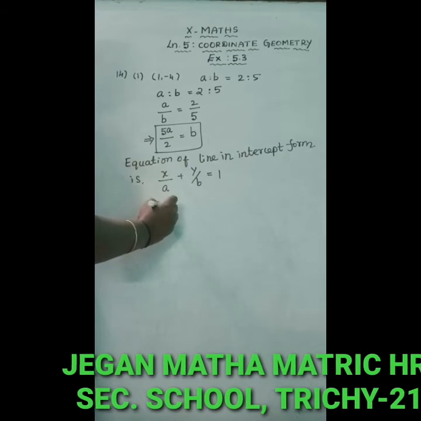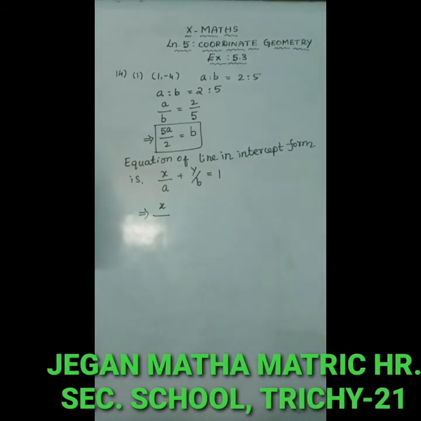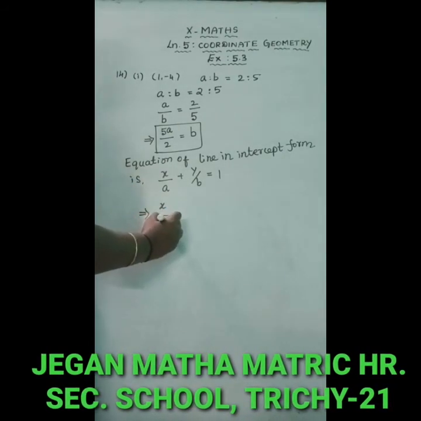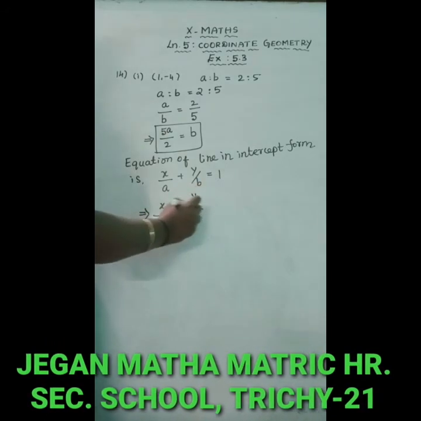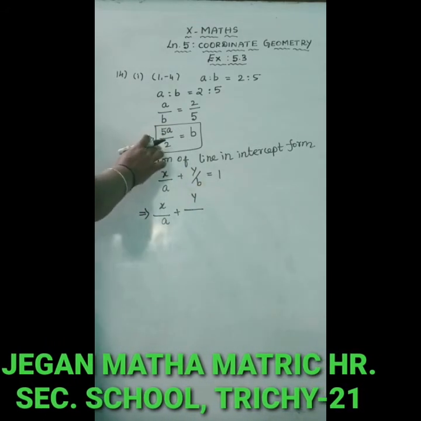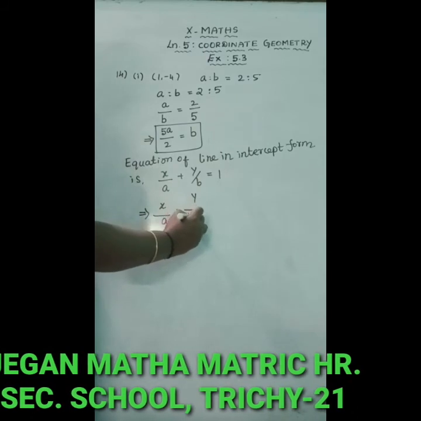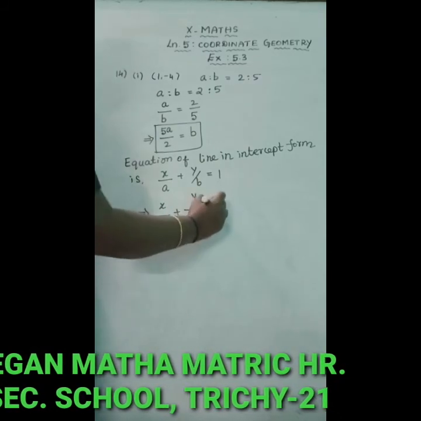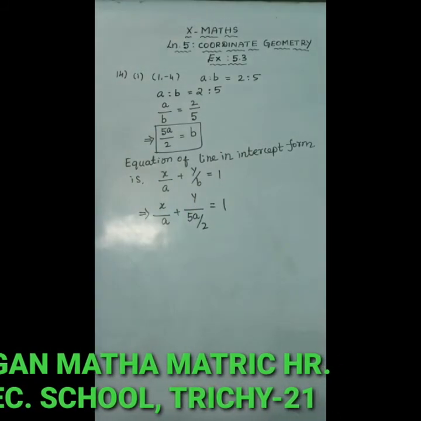So here, x divided by a plus y divided by b, where b is 5a divided by 2. Applying this value here, 5a divided by 2 is equal to 1.